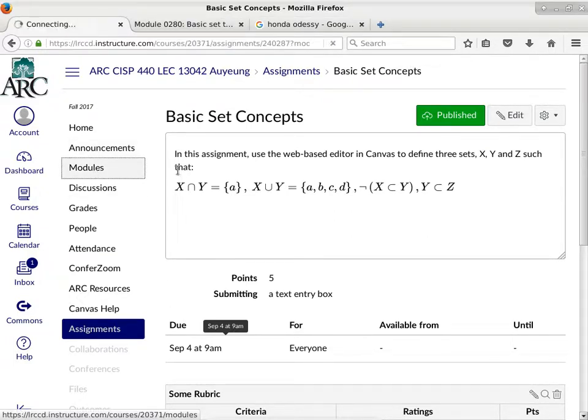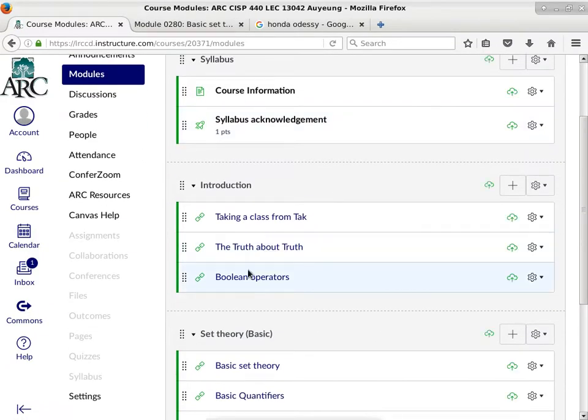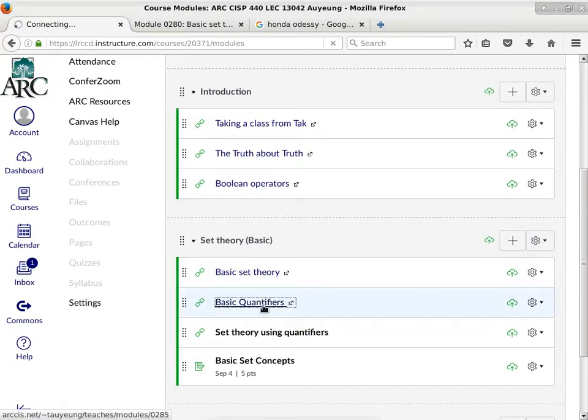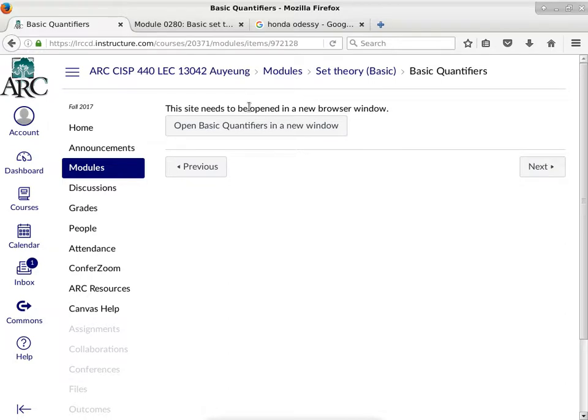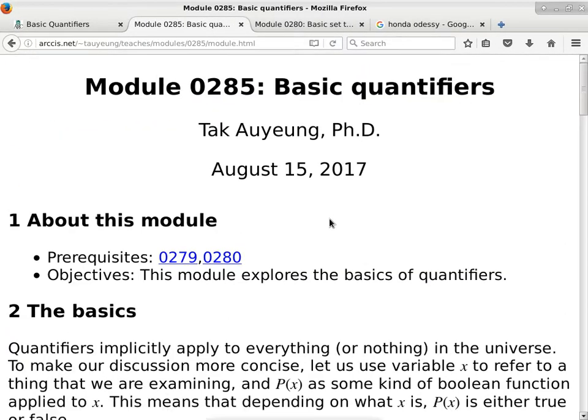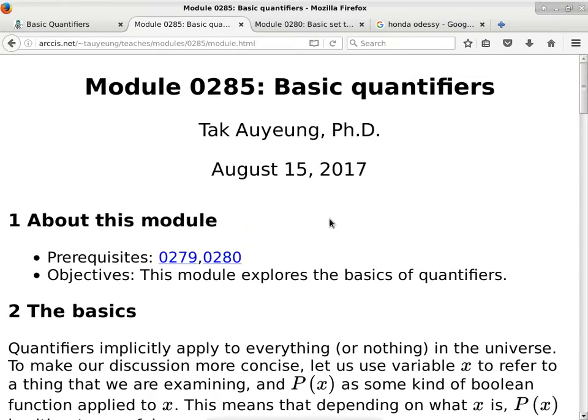So let me go back to modules, and we will start to talk about quantifiers, or basic quantifiers. Now, quantifiers are what allow us to specify whether we are talking about there exists at least one, or every. I think we kind of started this discussion a little bit already, but we didn't really go too far into it.